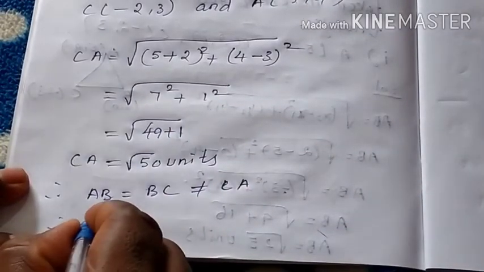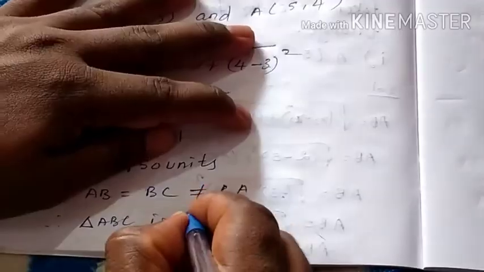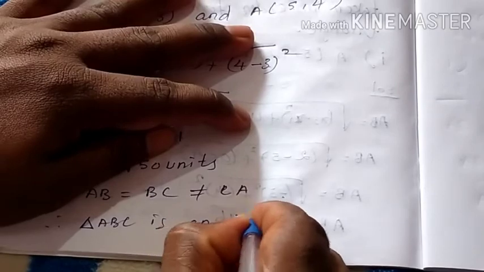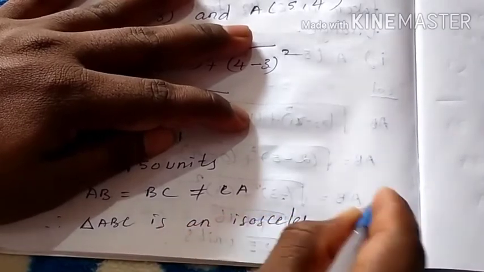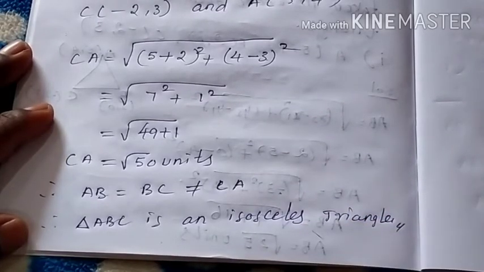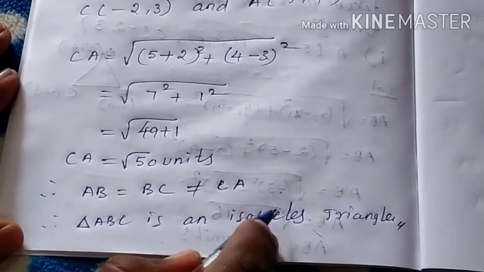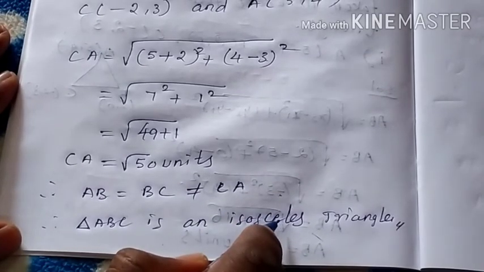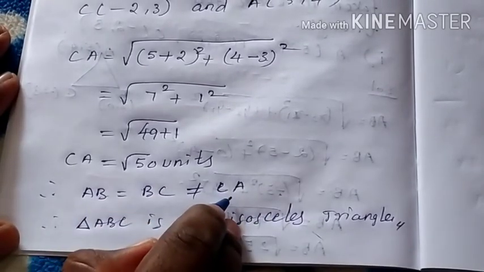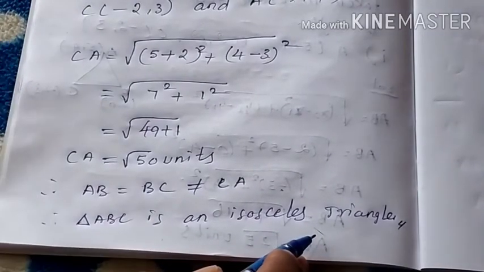Therefore, triangle ABC is an isosceles triangle. In this manner do the second subdivision. If you get any two sides equal, the triangle is an isosceles triangle.